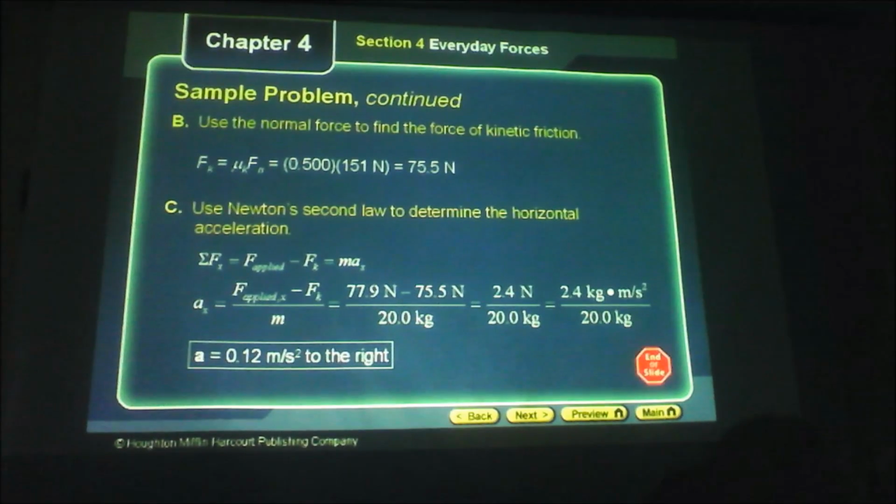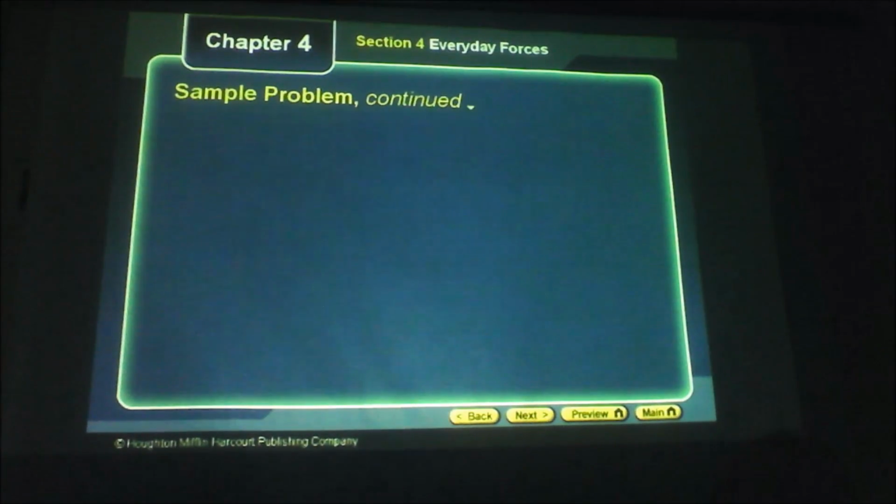If we plug in our numbers, our applied force in the x direction we calculated was 77.9, and we most recently calculated up above in step B our force of kinetic friction of 75.5. We subtract those and divide by mass, because force equals mass times acceleration. We're solving for acceleration, and you come up with the acceleration of the box being 0.12 meters per second squared to the right.